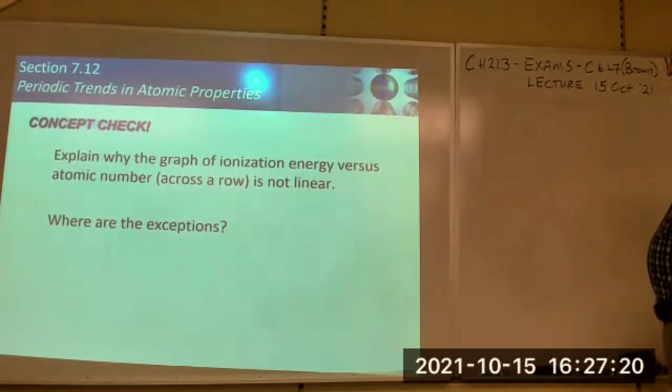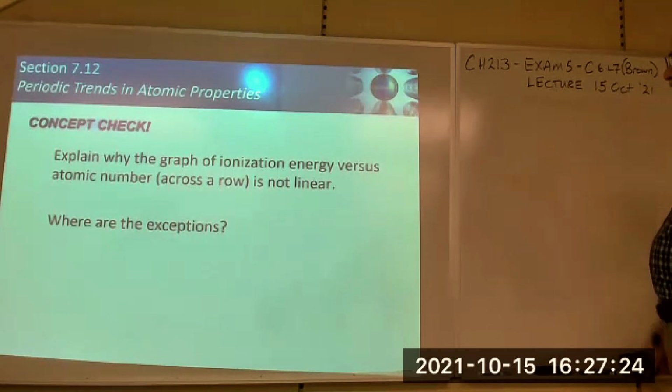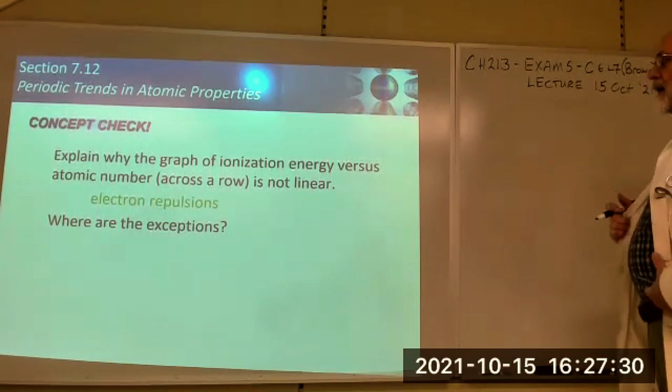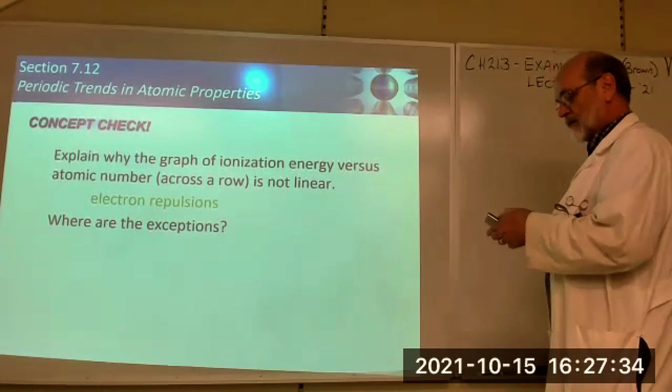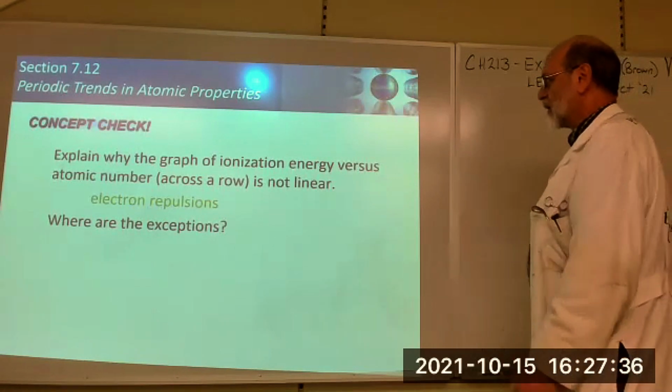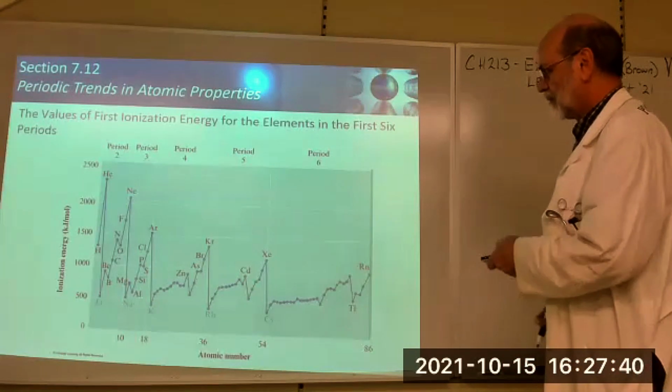So why isn't the graph of ionization energies across a row linear? Where are the exceptions? What you're looking at is electron repulsions. Let me go back. Here we go.